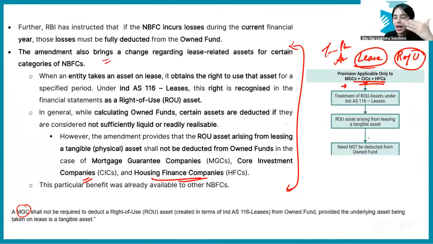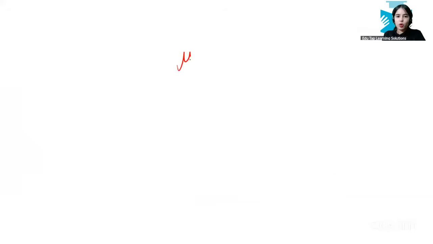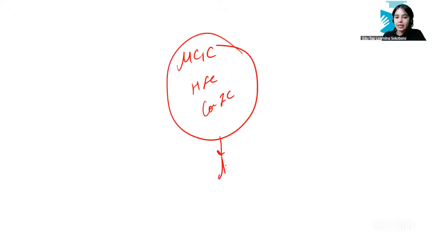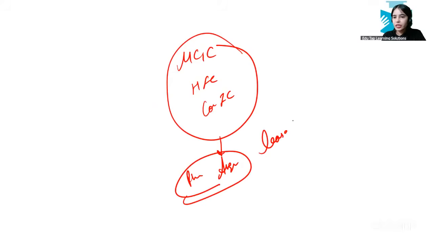Now they do not have to deduct this asset from their owned fund. So basically, if the mortgage guarantee company, the housing finance company or the core investment company are taking any tangible asset, meaning physical asset, on lease for a time period. Of course, lease is for 10 years, 15 years, 20 years, sometimes 100 years also.